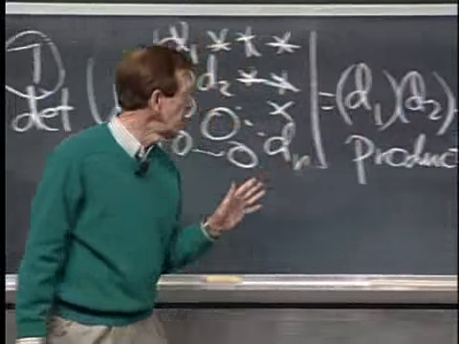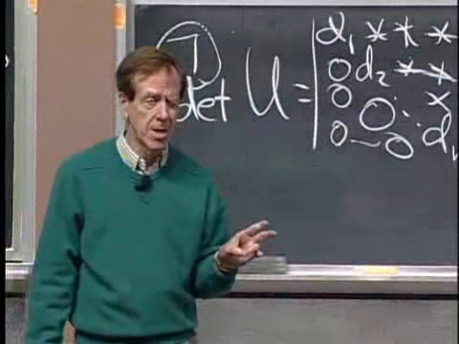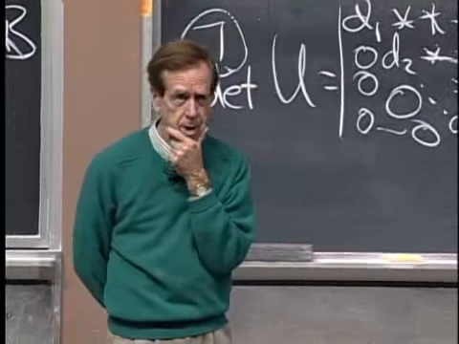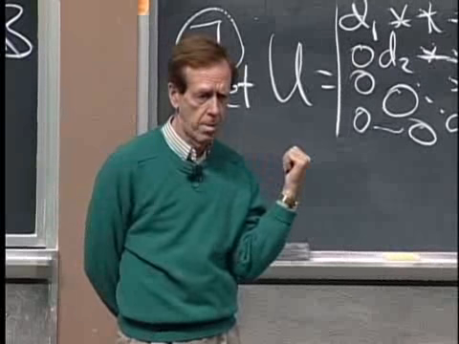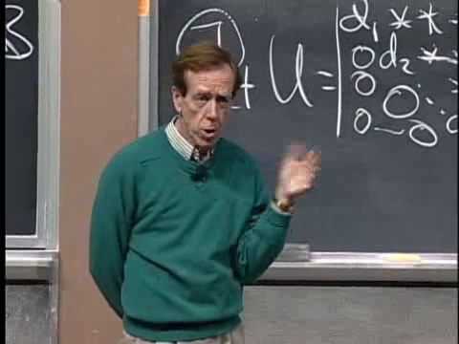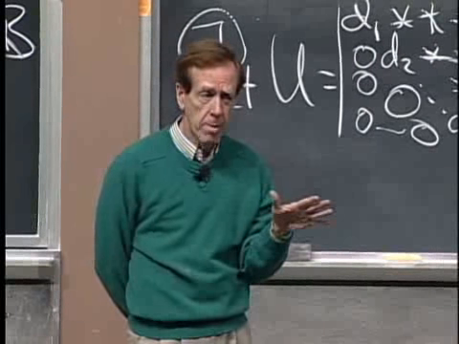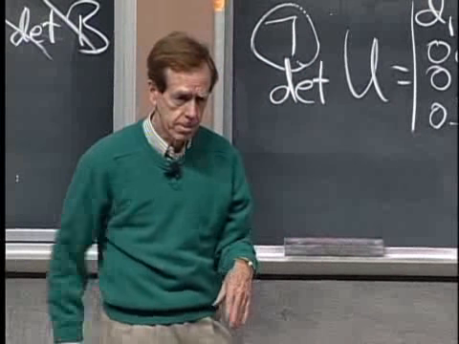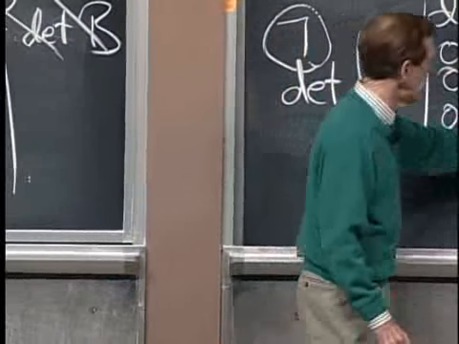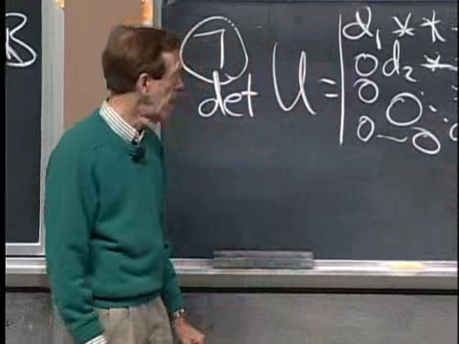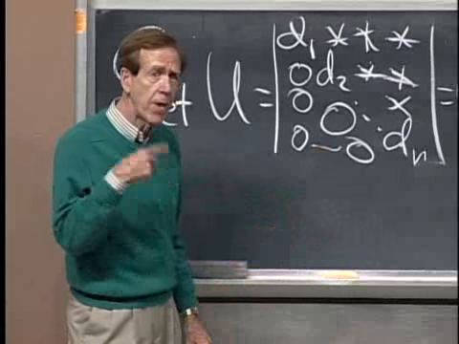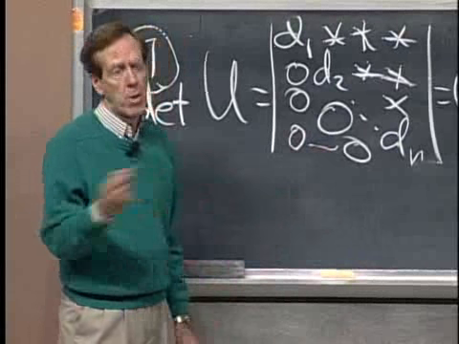Now there's always in determinants a plus or a minus sign to remember. Where does that come into this rule? Could the determinant be minus the product of the pivots? The determinant is d1, d2 to dn, no doubt about that. But to get to this triangular form, we may have had to do a row exchange.